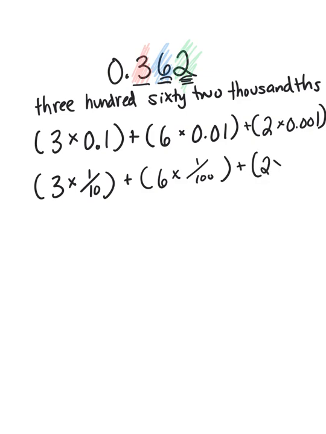Okay, so we're multiplying 3 groups of 1/10, 6 groups of 1/100th, 2 groups of 1 out of 1,000.